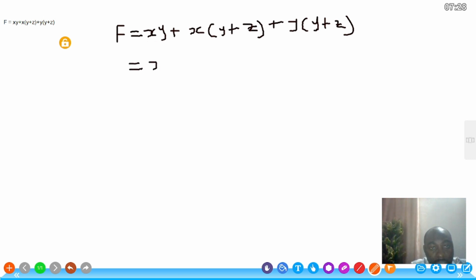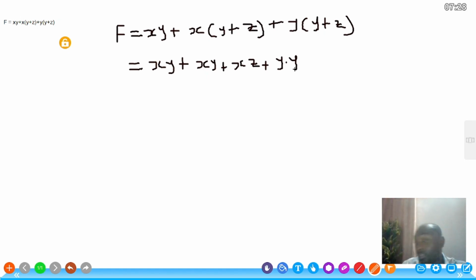So we have xy again, and then plus, if we open the bracket, we are going to have xy plus xz, right? Plus y dot y. This is Boolean algebra, but if it were ordinary algebra, we would end up with y squared.